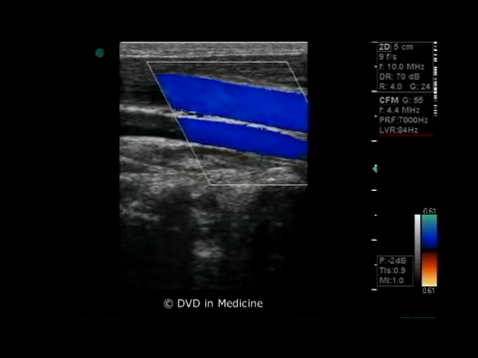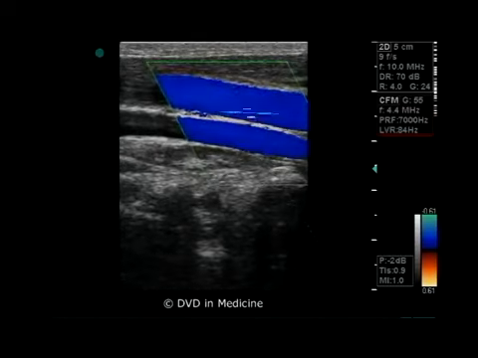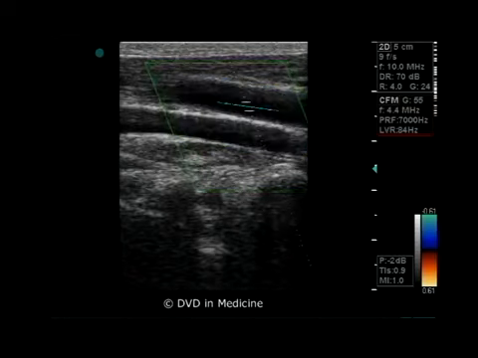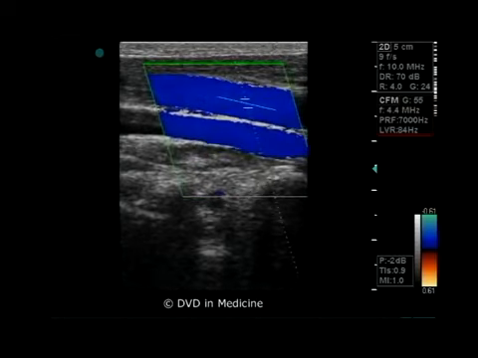Color Doppler makes the assessment of flow direction in the vertebral arteries straightforward. They should have the same color as the common carotid artery in front of them.